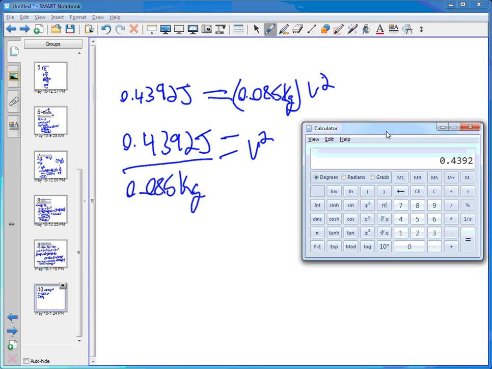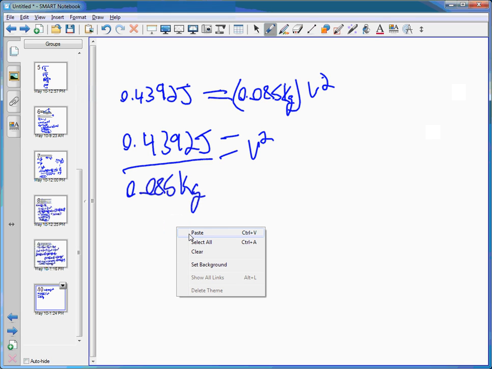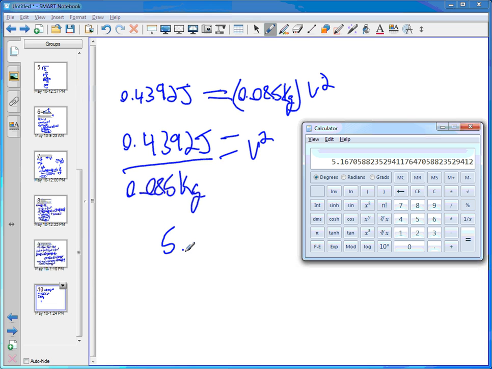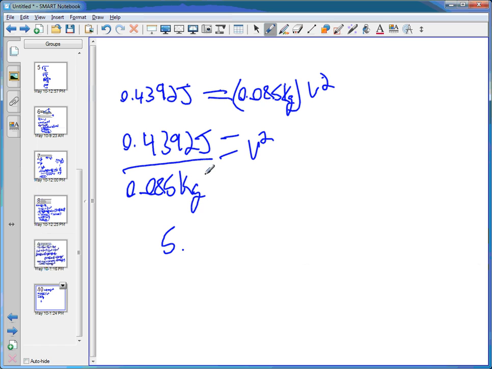But we know we have enough, and we'll round off at the very end. Equals v squared. Now, what are the units here, though? Joules per kilogram. Okay, well, let's see. A joule per kilogram is equal to a Newton meter per kilogram.